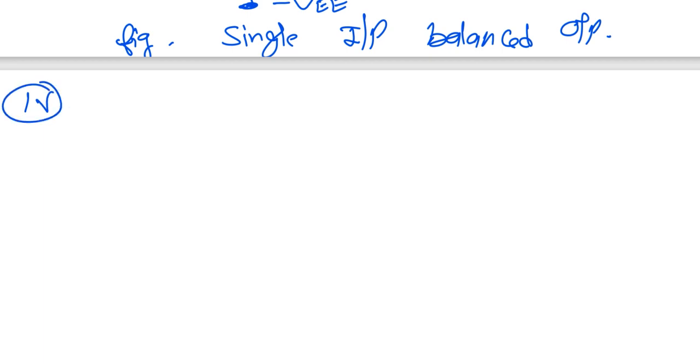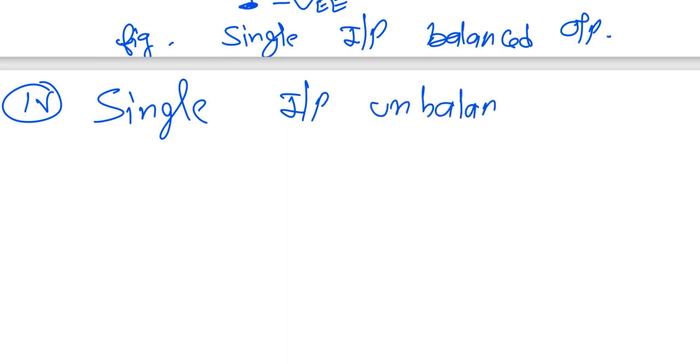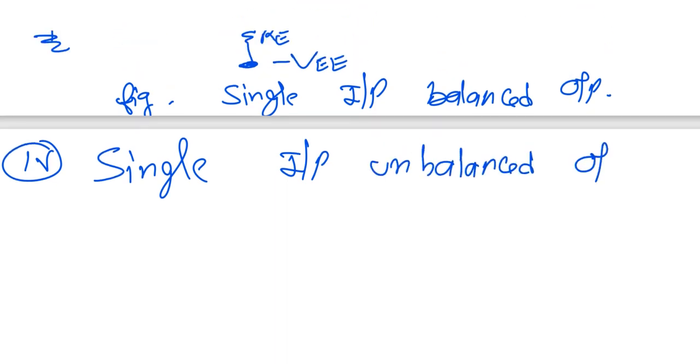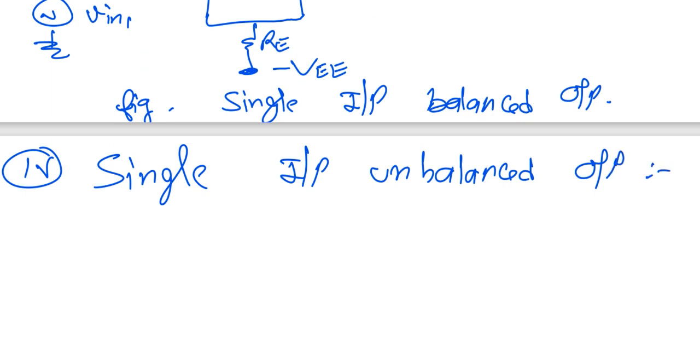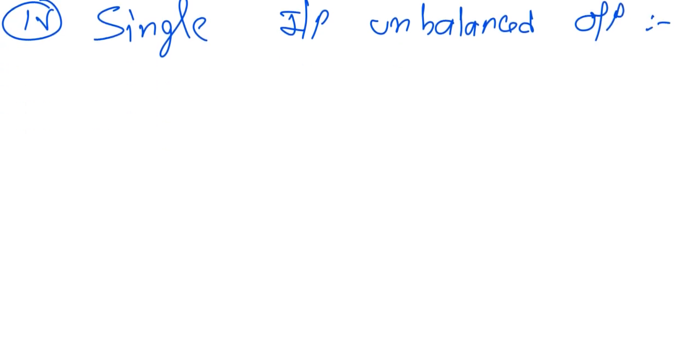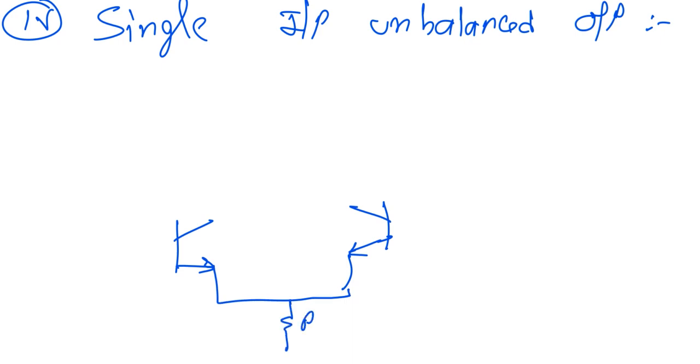Now the fourth configuration of the differential amplifier, which is nothing but single input unbalanced output. I hope you will follow how to draw the diagram. The fourth time I am drawing the same diagram with a little bit of change. So two transistors, then together they are connected to one emitter resistance RE. The emitter terminal is connected to the emitter resistance RE and it is connected to minus VEE.